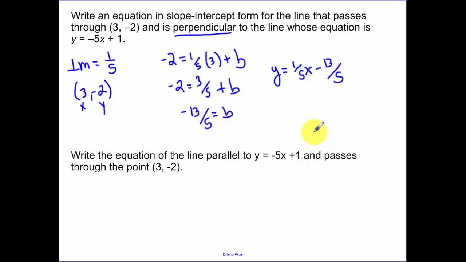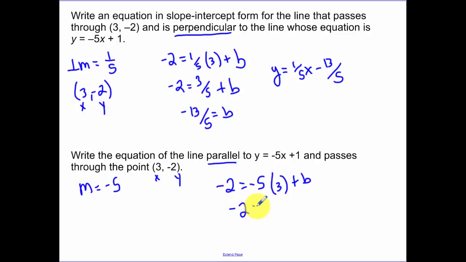Now, when I want to write the equation of the line that's parallel, our slope is the same as what we have there, and we go through the point 3, -2, so y equals mx plus b. -2 is equal to -15 plus b.